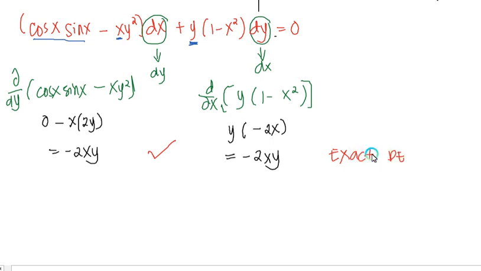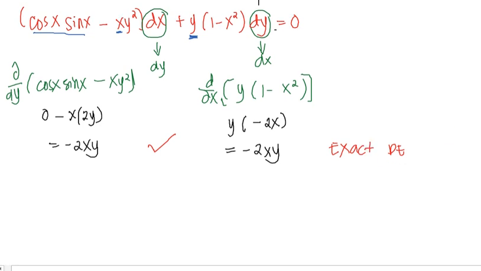Okay, so since we have an exact DE, let us try to solve this type of differential equation. So take note, we have this one. This is dx, meaning this is a partial derivative in terms of x.